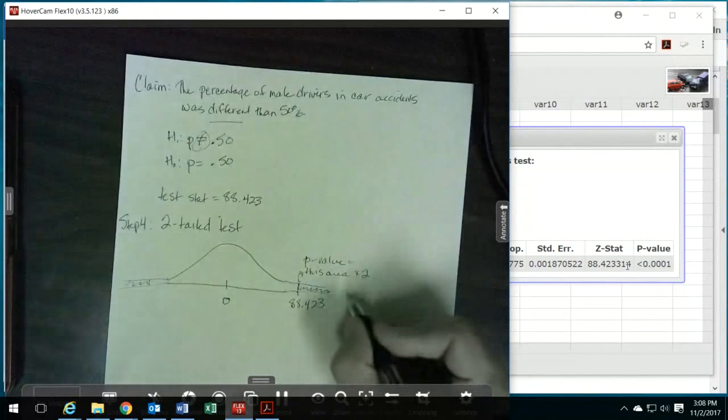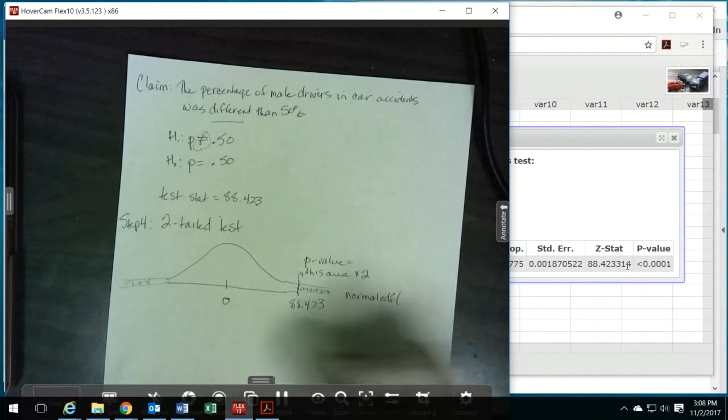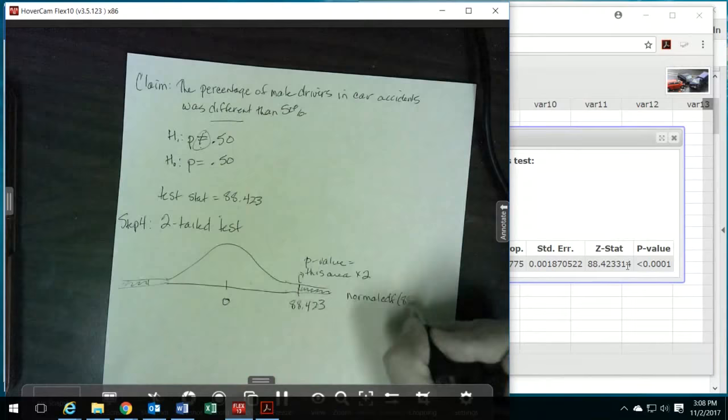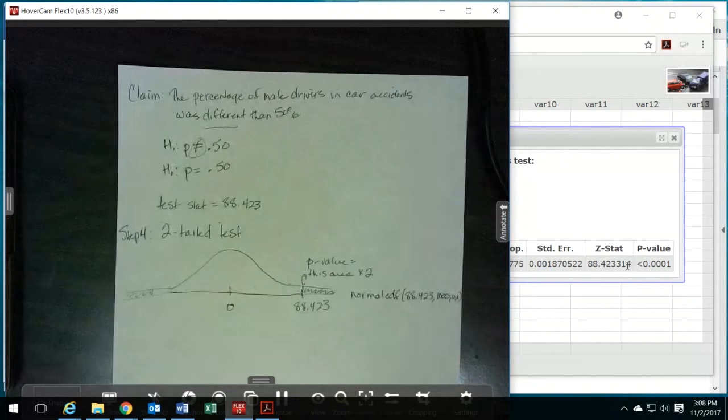So if we were doing this on our calculator, we'd have normal CDF. We'd use this as our lower bound, a big number as our upper bound, and 0 and 1 for our mean and standard deviation. So we'll see what this actually comes out to be.